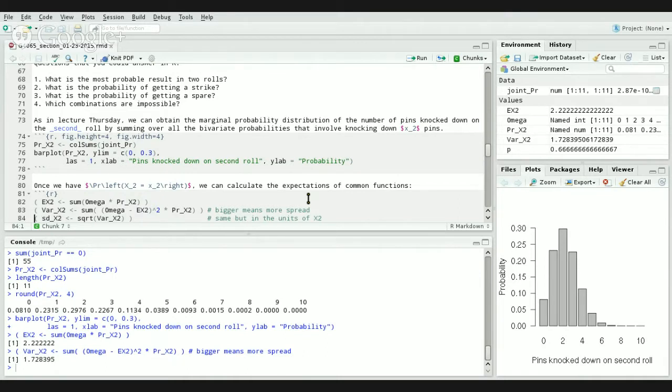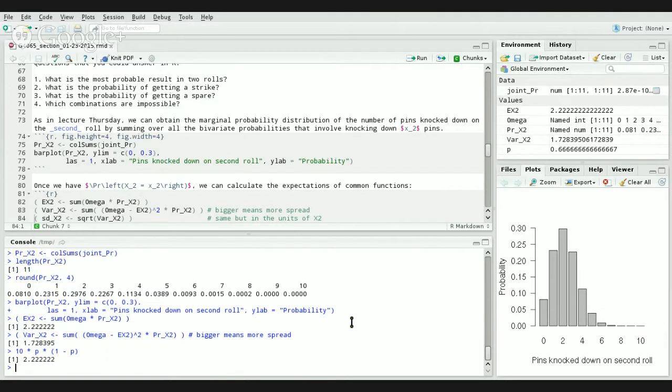1.7284. In contrast, we can recall that the marginal variance for the number of pins knocked down in the first try under a binomial distribution is n times the probability of success times the probability of failure, which is 2.22.